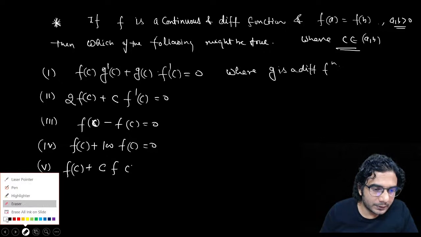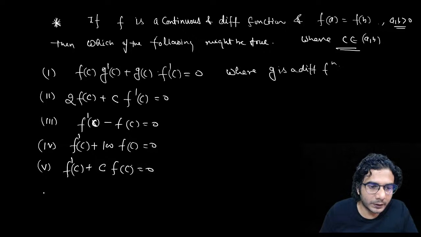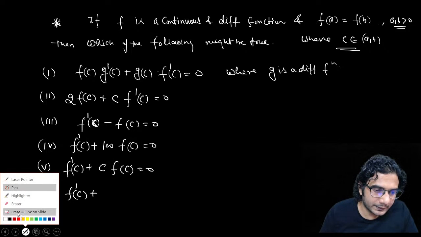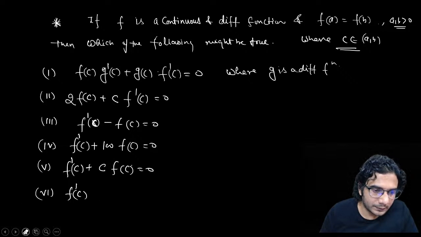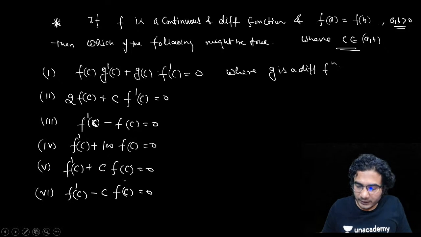Not a correction, but I'm just changing the question. All right, and the sixth one, the last one, is f dash c plus minus. So which of the following will be correct?